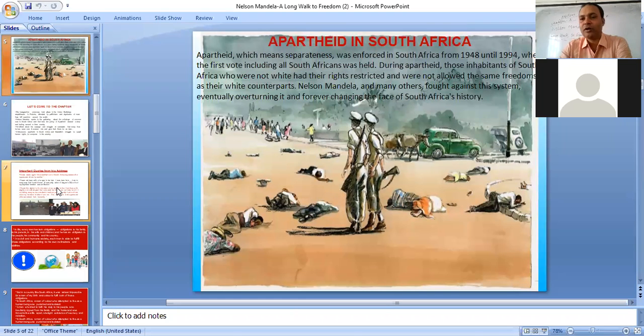The black people were not allowed to get equal rights like the white people in South Africa. Before 1994, there was the rule of white people in South Africa, like India before 1947, when there was the rule of the Britishers. In 1994, a free and independent government was formed in South Africa.